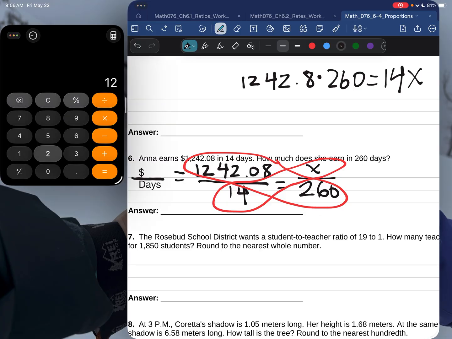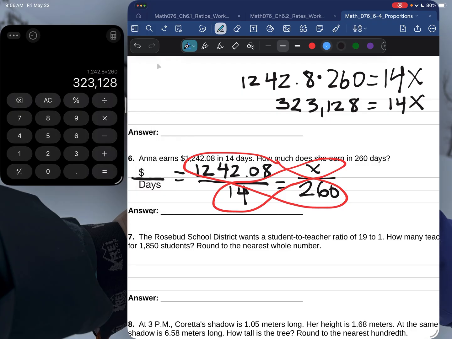Okay, let's put that in my calculator. Whoa, big number. 323,160.80 equals 14x. And we're experts at this point. We know what to do. We want to get x all by itself. I'm going to divide both sides by 14.